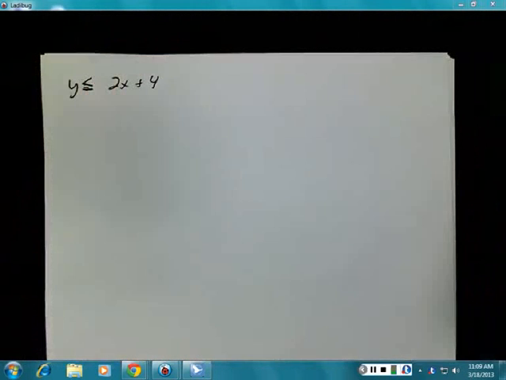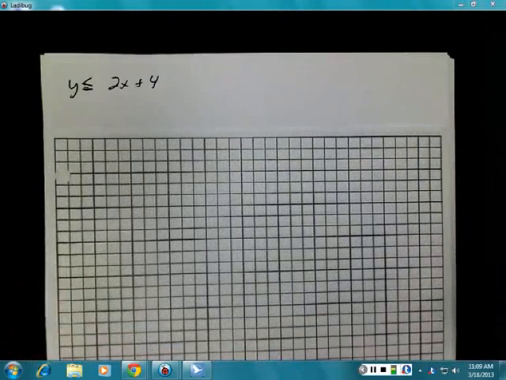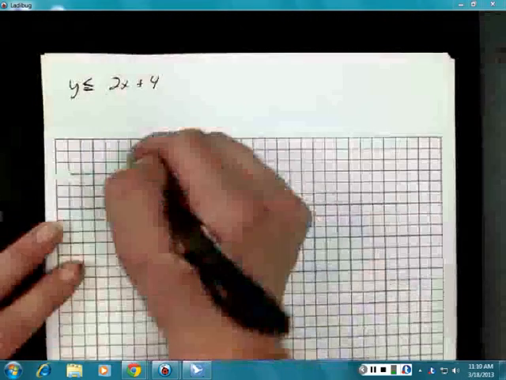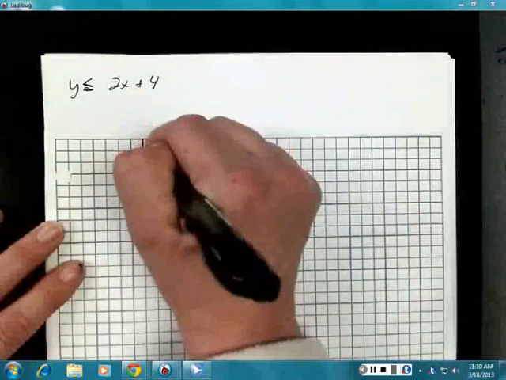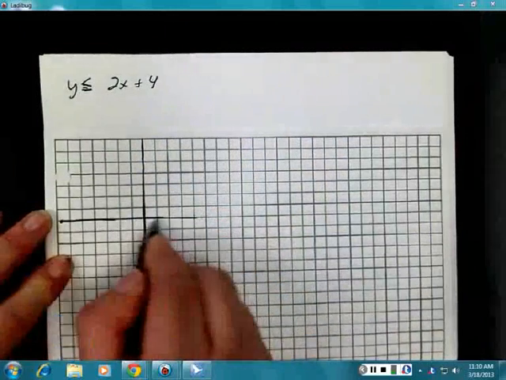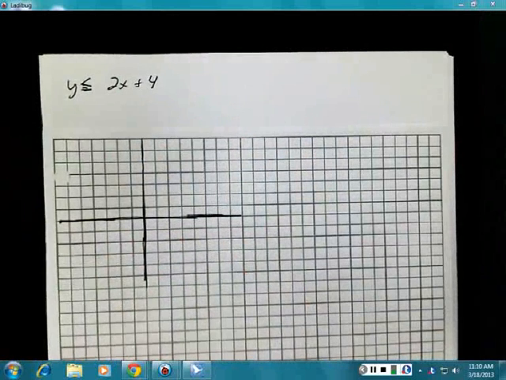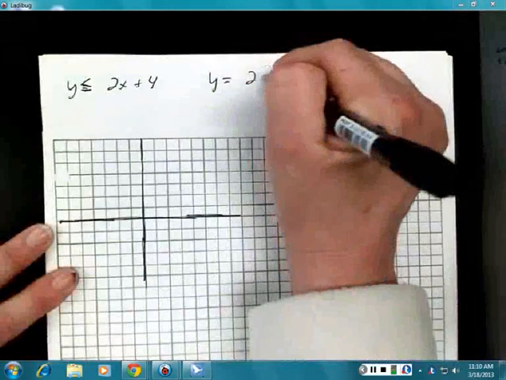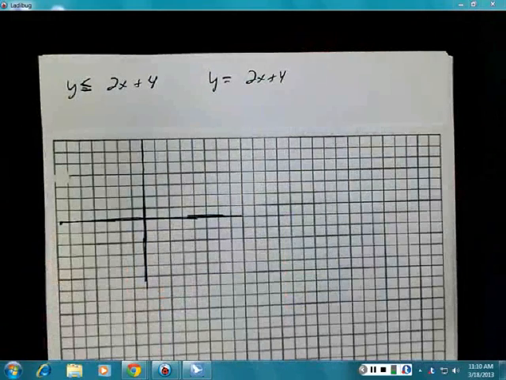If this were my equation, y is less than or equal to 2x plus 4, what I would end up doing is, of course, graphing my line. So back to my y, if I just had y equals 2x plus 4, what would I do to graph that?